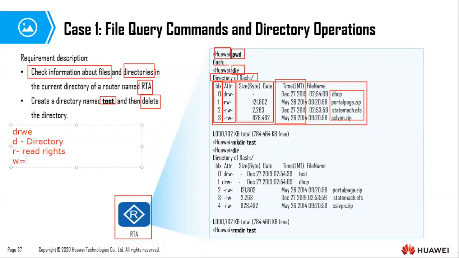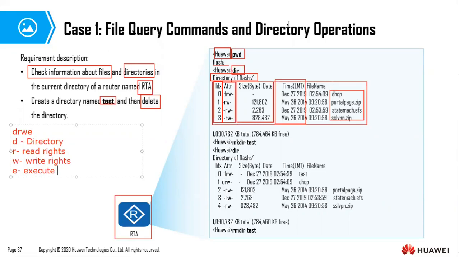W is for write, meaning you are able to write to that particular file. Normally E is for execute. For example, if it's an application, you are able to execute it. So E is for execute. So please remember that.